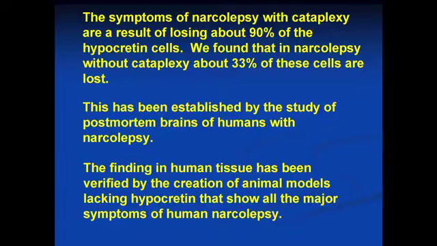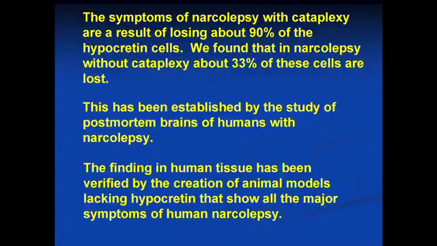Yet this very small population is responsible for the illness that many of you suffer from, the loss of a portion of this population. So in our study in 2000, we found that about 90%, on average, of these hypocretin neurons are missing in people with narcolepsy.